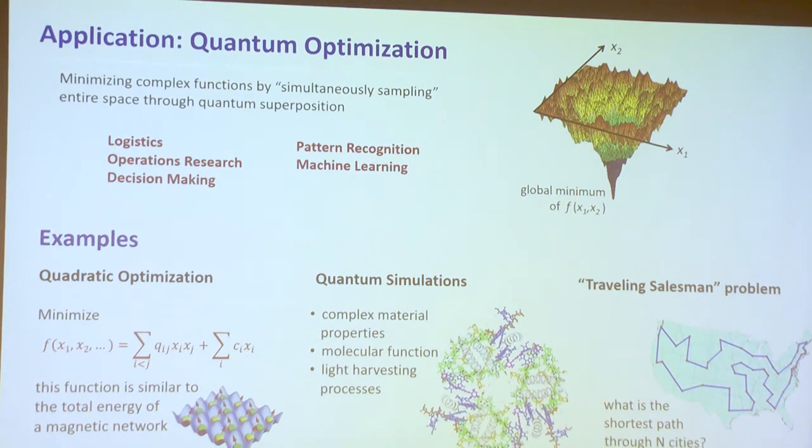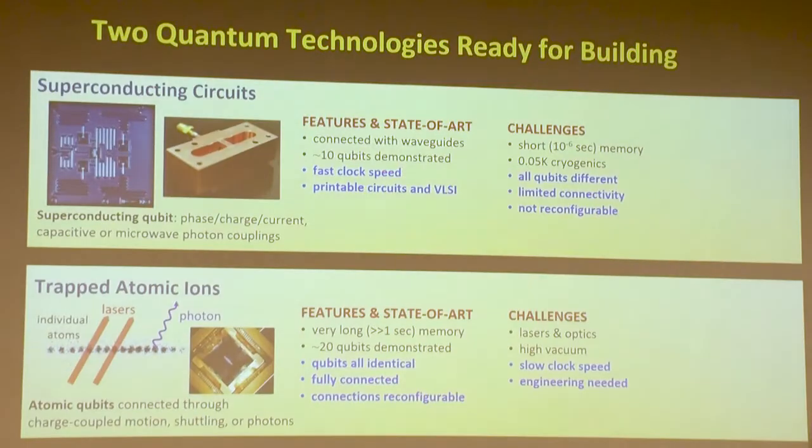I've been in this field a long time, and in the last two to 4 years, there are 2 technologies now that are being built up. And what I mean by that is they're being engineered in a way that the user doesn't need to know what's inside. And that's really important, and I think it's transferable to any technology. But right now, these 2 technologies are superconducting circuits and trapped atomic ions.